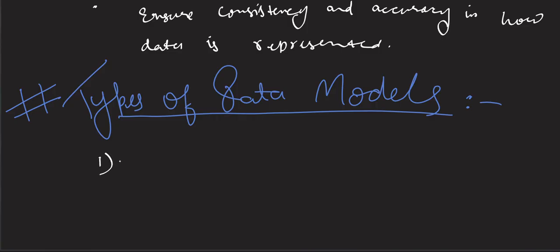First is the hierarchical model. Second one is the network model.